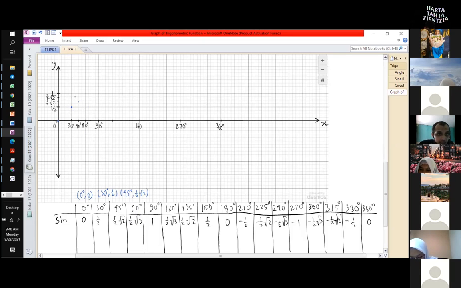So it's around here, I guess. Of course, you can use a dotted line to help you put the point in the right place. And then 90 degrees, 1, so it's here. And so on.